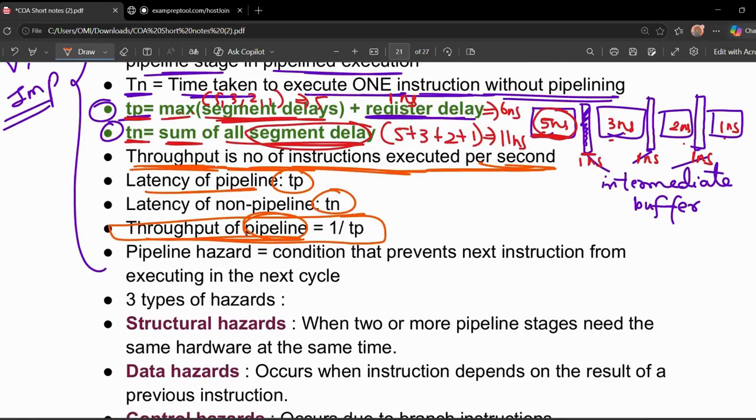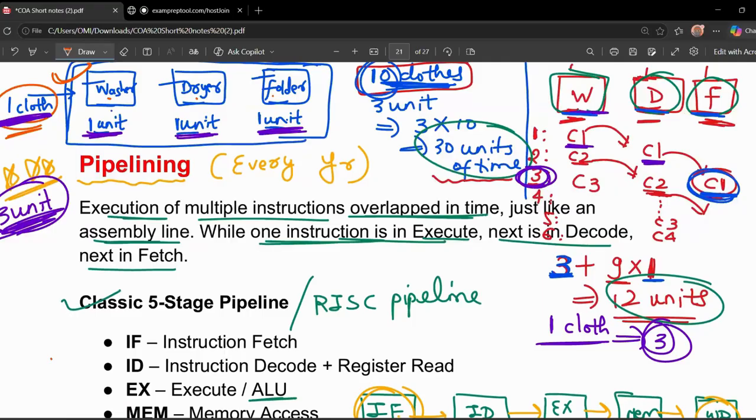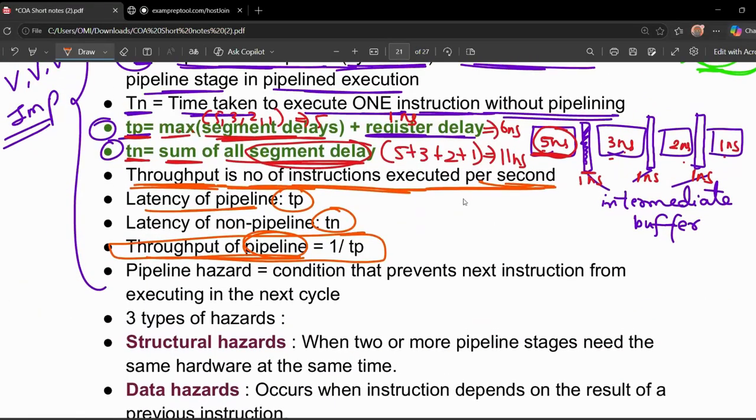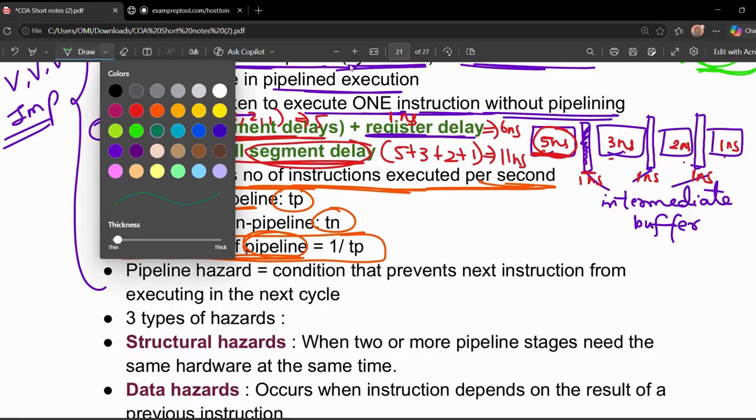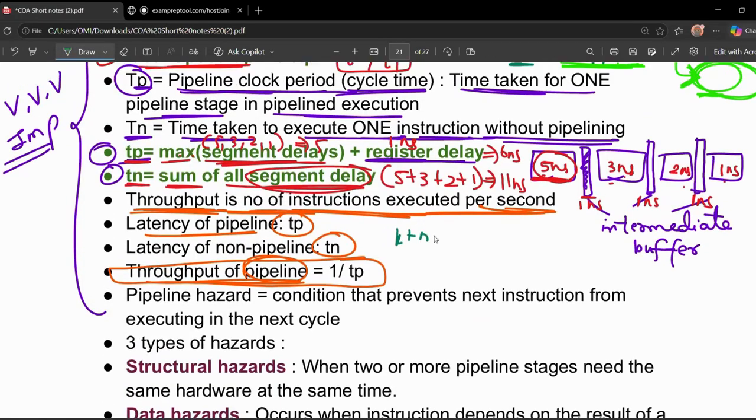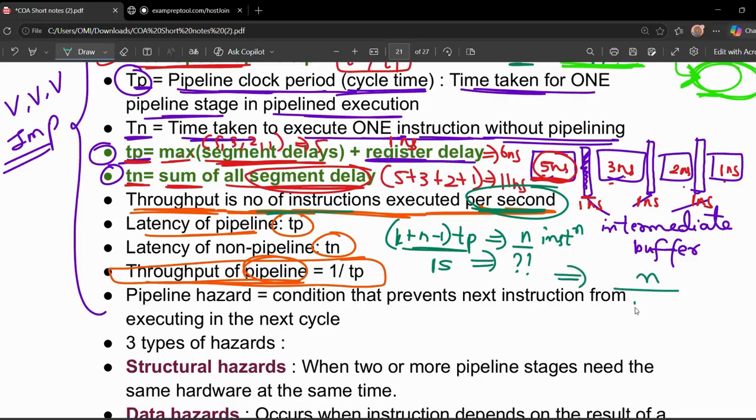If you want to know how this came, let's say k plus n minus 1 into Tp time is utilized for n instructions. Now we want per unit of time, per second, how many instructions are executed. So this is n divided by k plus n minus 1 into Tp.